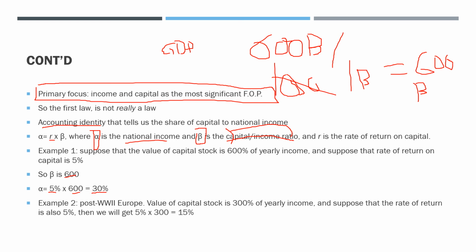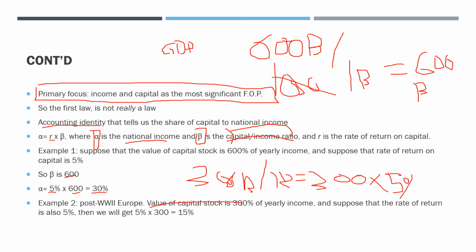Immediately after World War II, that means 1948, 1949, where we have to rebuild the whole country, the value of capital stock was 300. So assuming again 300 billion over 1 billion, we have 300. And the rate of return again is 5%. Obviously, because it's half of 600, we will get 15%.